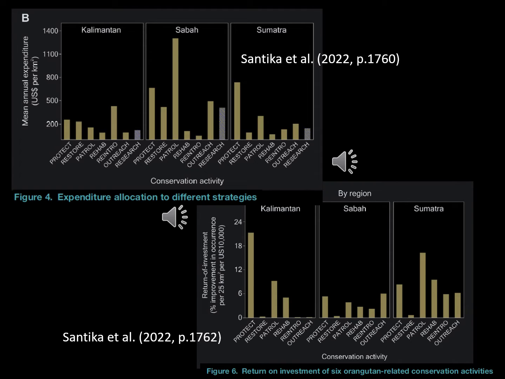The top panel shows different investment patterns by region, and the bottom panel estimated the cost effectiveness of these different conservation activities. It is encouraging to see that all types of activities show positive returns to investment in terms of improved probability of occurrence as compared to the authors' estimated counterfactual scenario of no activity.